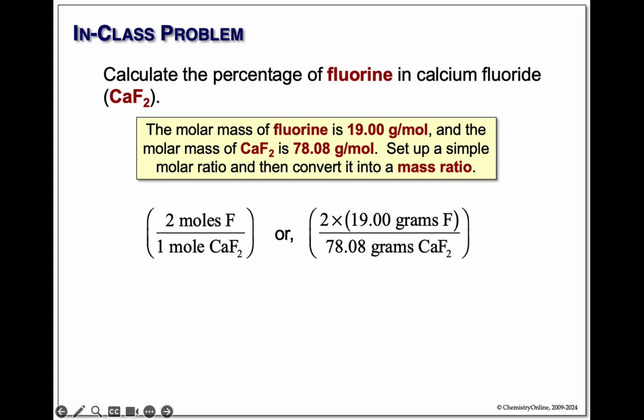Okay, 2 times 19 divided by 78, 0.4867. We are looking at 4 significant figures here.